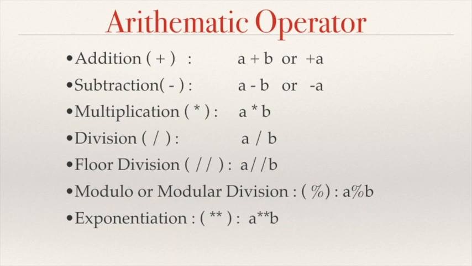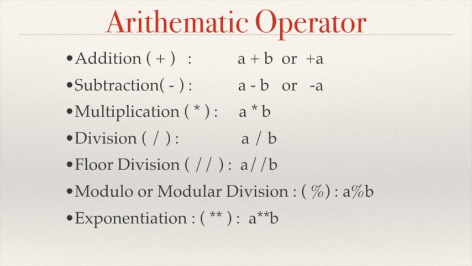Now let us talk about arithmetic operators. To add two values, we must use the plus symbol. And to get the difference between two values, we use the minus symbol. Both of these operators can be used as binary or unary. That is, they can be used between two operands or in front of a single operand.